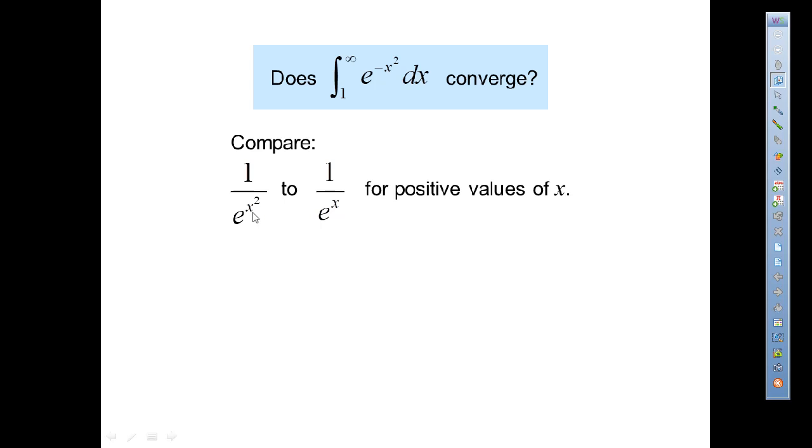Once we get past 1, when we square a number, we're going to have a larger number than with just the number itself. Think about 2. 2 squared is 4. So we would have 2 here, but we would have 4 there. We would have 4 here, but we'd have 16 there. We'd have 5 here, but we'd have 25 here. So what's going to happen to e to the x squared? 1 over e to the x squared is going to go to 0 even faster. So that means it's going to converge as well.